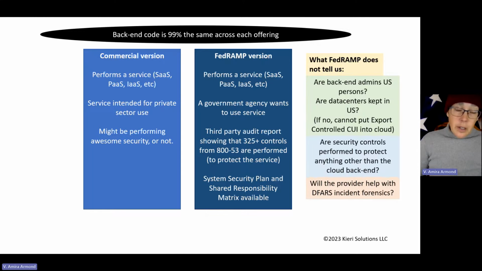And part of the contract says, if you have a cyber incident, you have to help the Department of Defense with forensics, meaning that they could show up and say, I need that server.